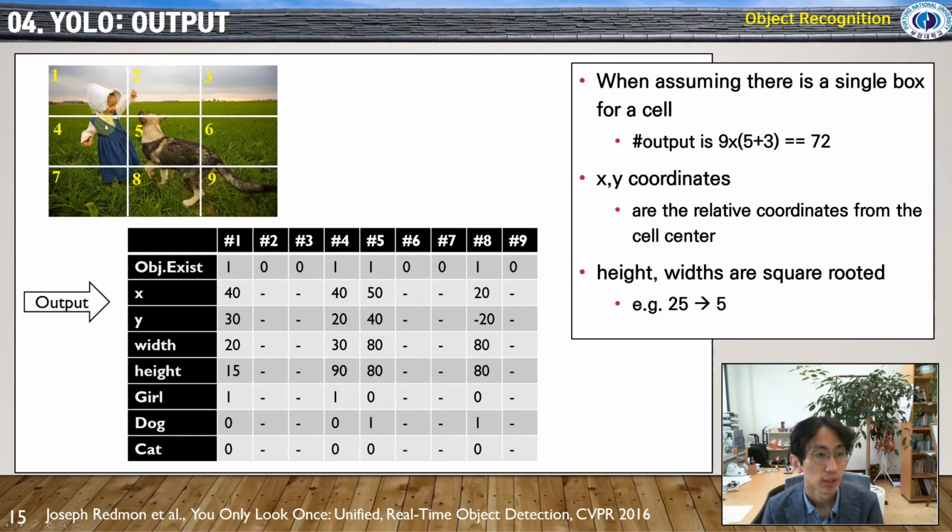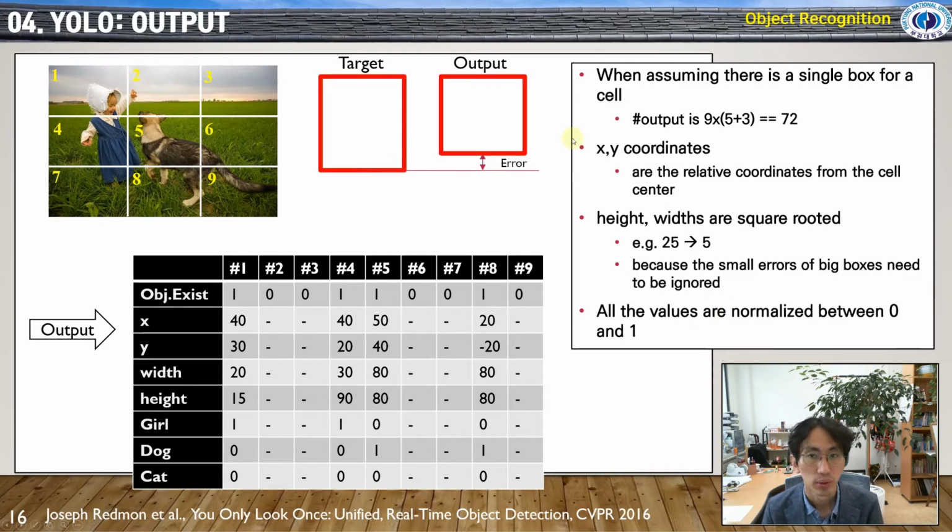If the height of the box is 25, then it's converted into 5, because for big boxes, a small error does not have much meaning. But even for the same size of error, if the object is small, then it's going to be a very important error.